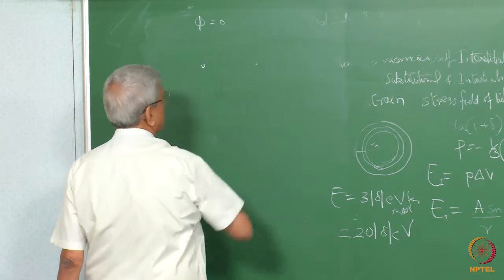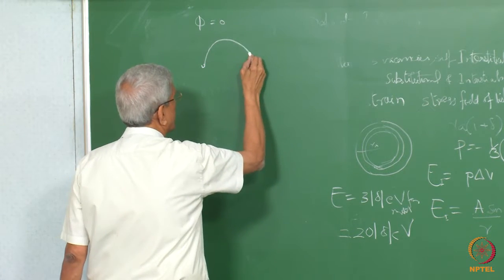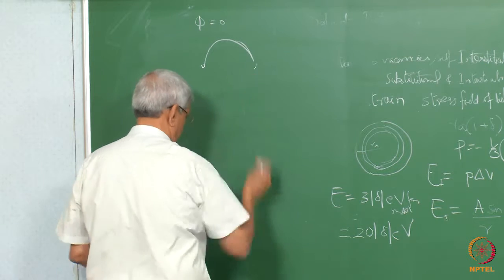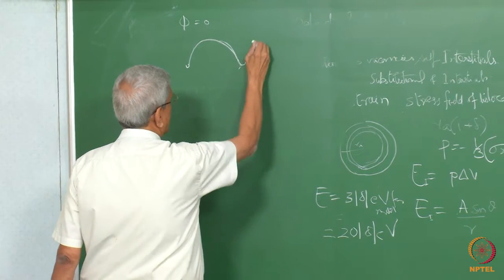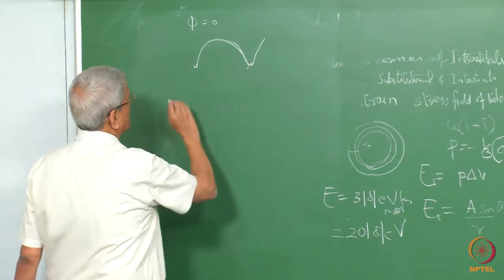The tangent angle becomes 0. This has become a semicircle.